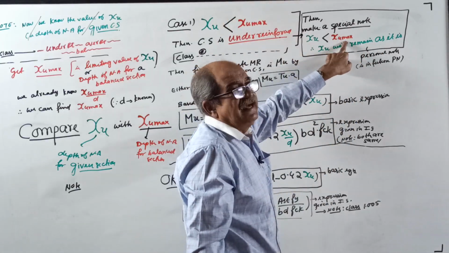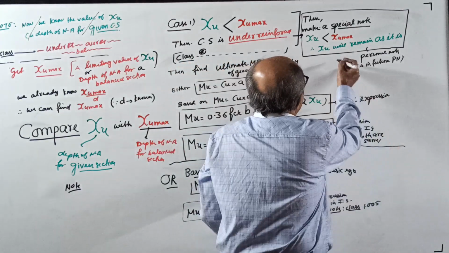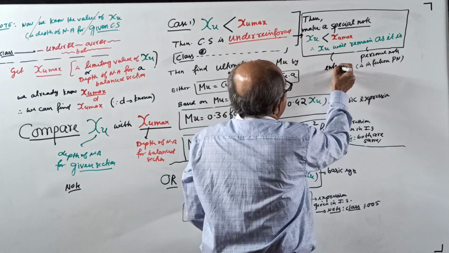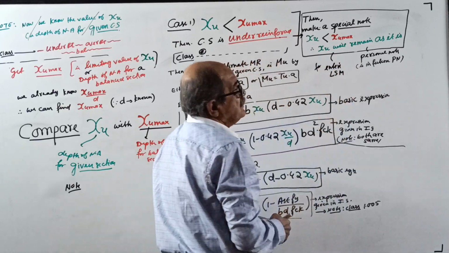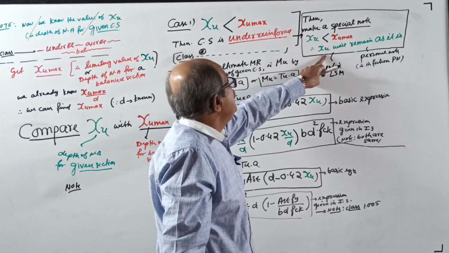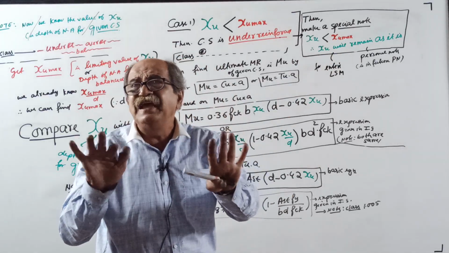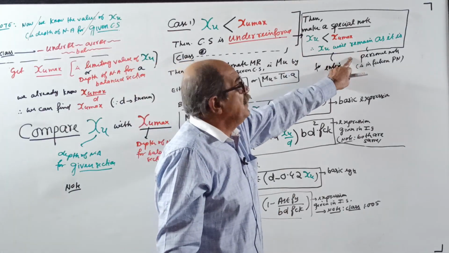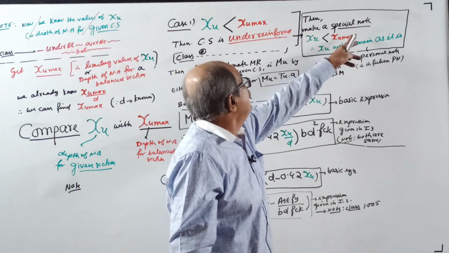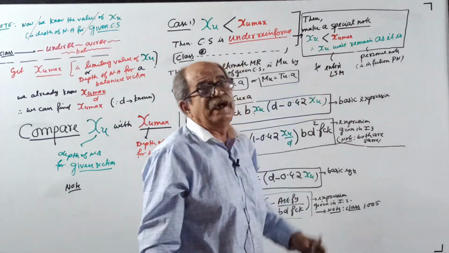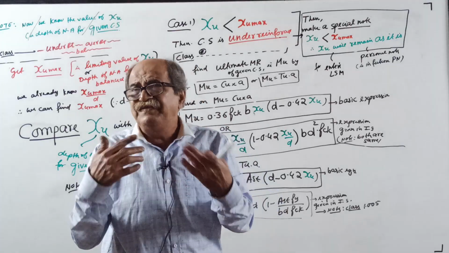Xu comes less than Xu max. Remember, this is for the entire limit state method. When Xu is less than Xu max, Xu will remain as it is, meaning whatever you calculated will remain as it is.